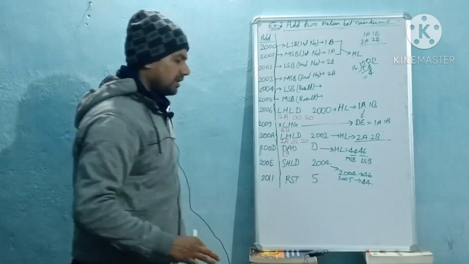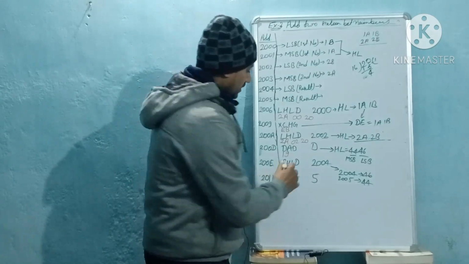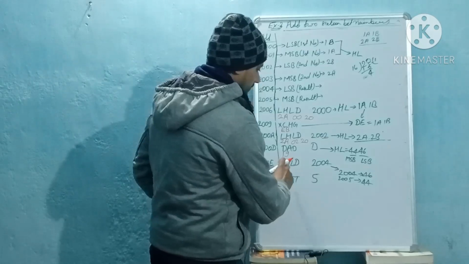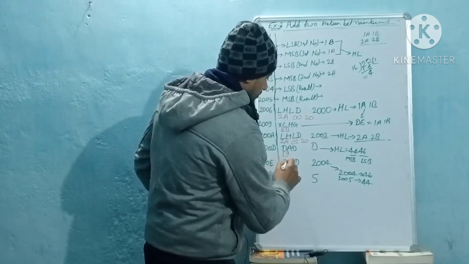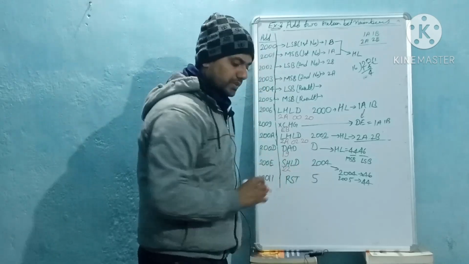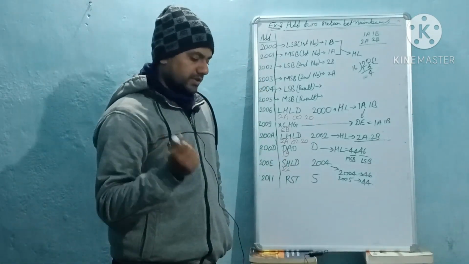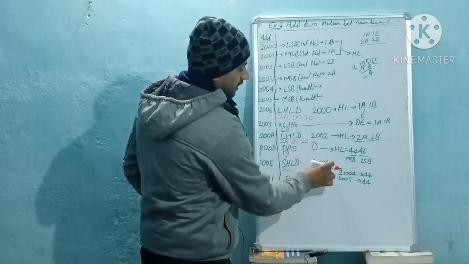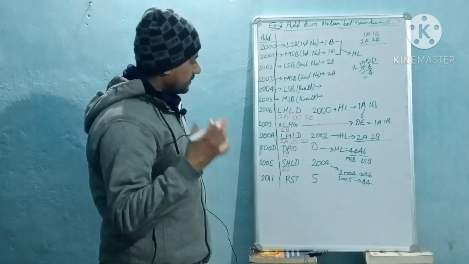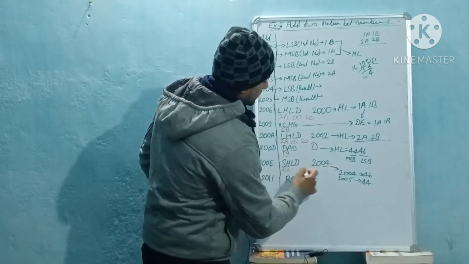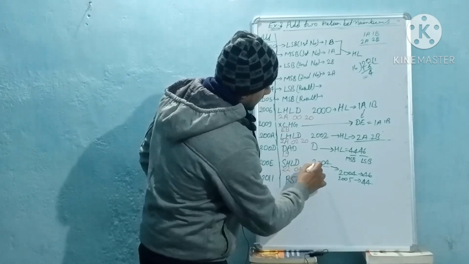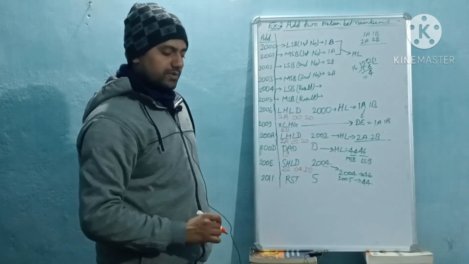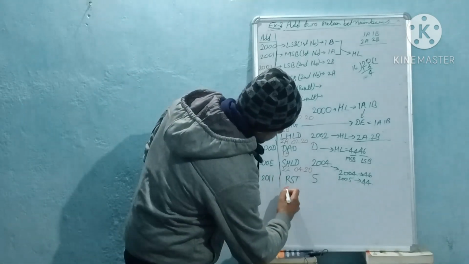And for SHLD, the hex code is 22. Then whatever address is given, we write the LSB first and then the MSB: LSB 04, then MSB 20. And for RST5 we have the hex code EF.